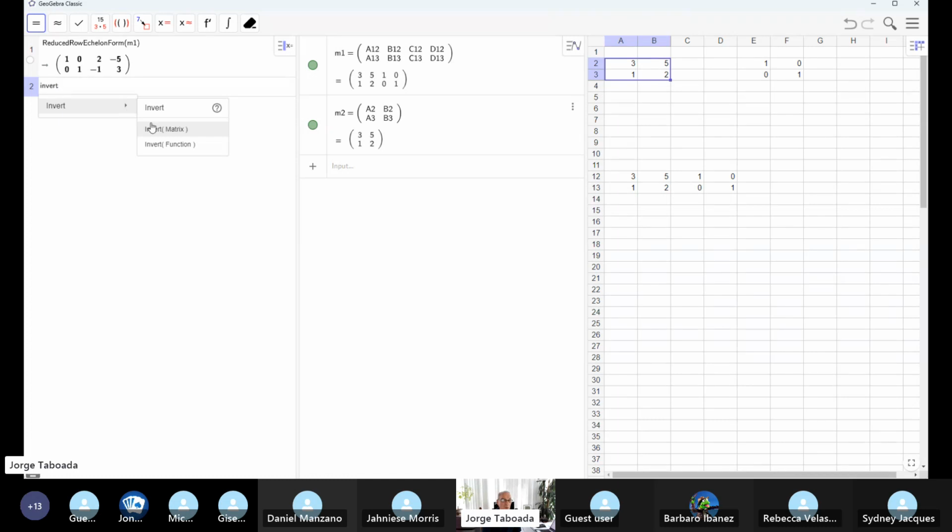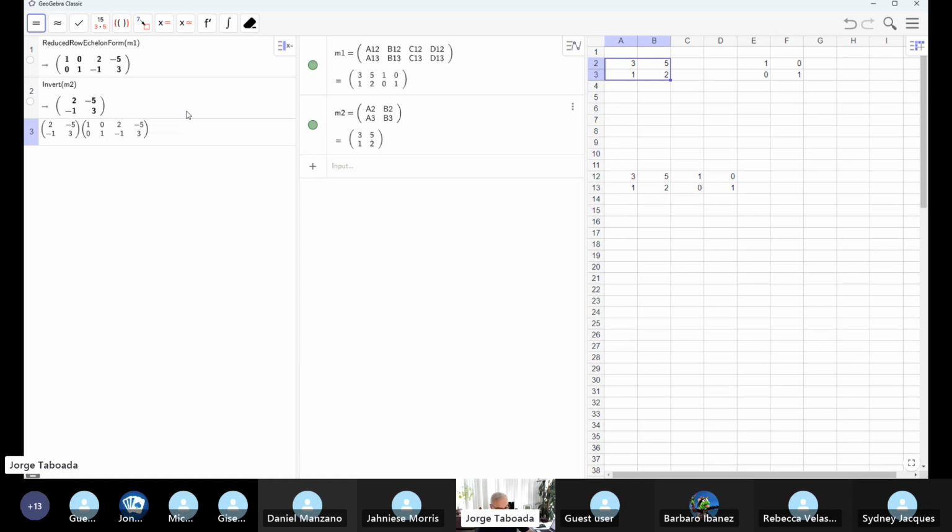Of the matrix M1, M1, presented. N1, no, N2, sorry, N2. And you see that this matrix is exactly the same as this. At least the right part. The left part, of course, is like this. Okay?